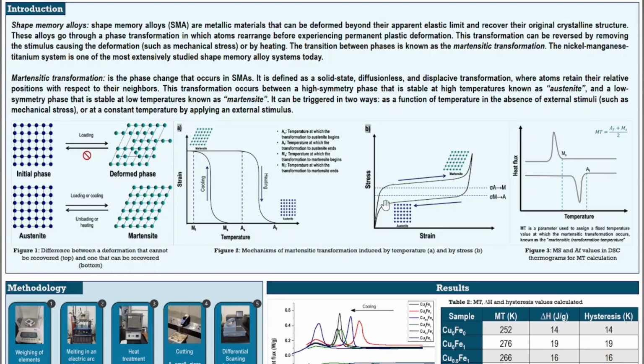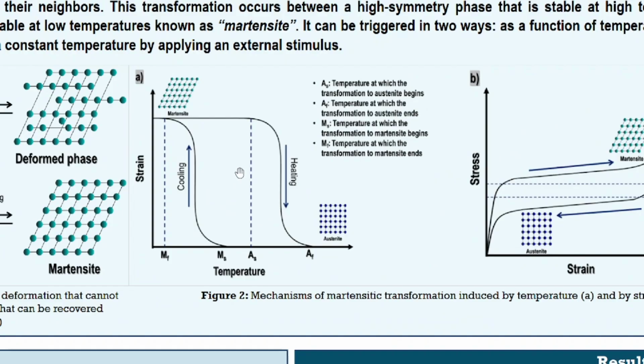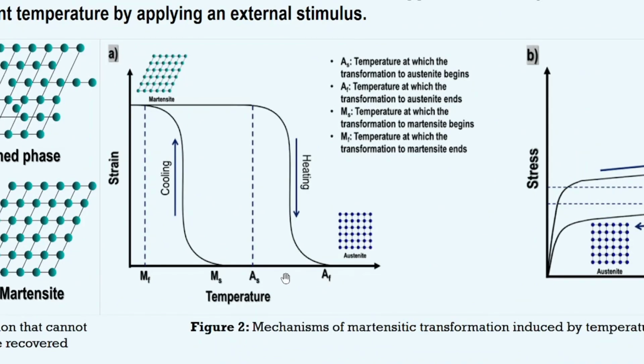In our work, we used differential scanning calorimetry, or DSC, to study the transformation as a function of temperature. As you can see in figure 2, there are four important points, AF and AS, that indicate the temperature at which transformation to austenite finish and begin respectively, and similarly MF and MS for transformation to martensite. But in a certain range of temperature, both phases exist at the same time.